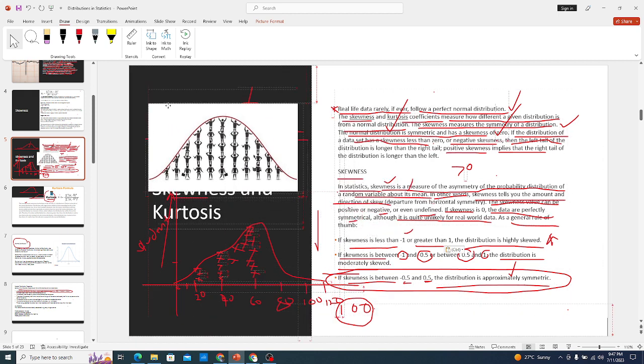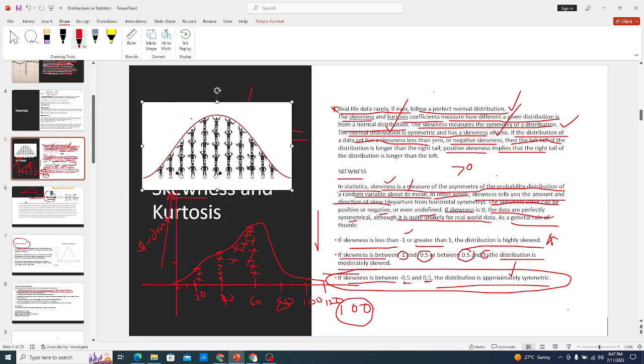Okay, so in this example, let's assume this part and this part. This part shows extremely tall guys, and this side shows extremely short students.